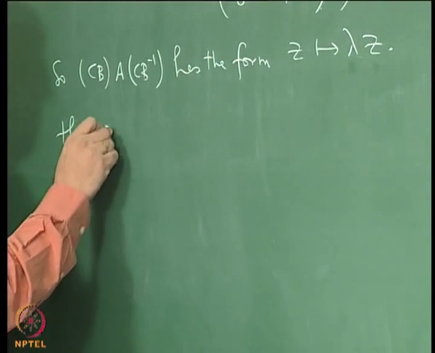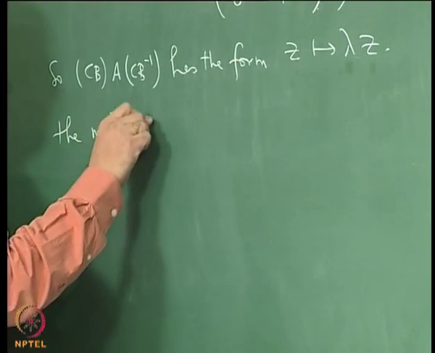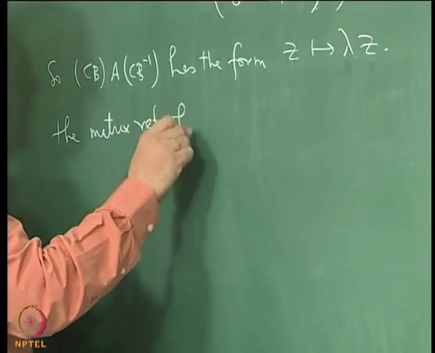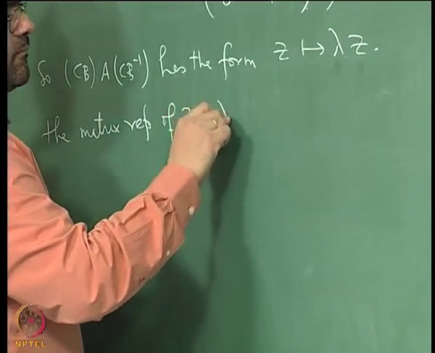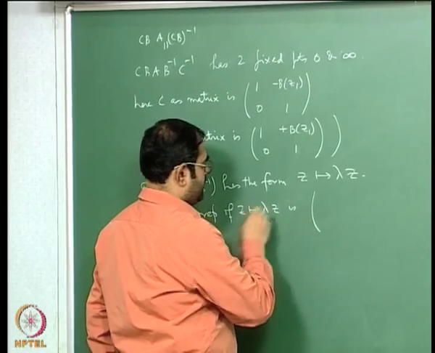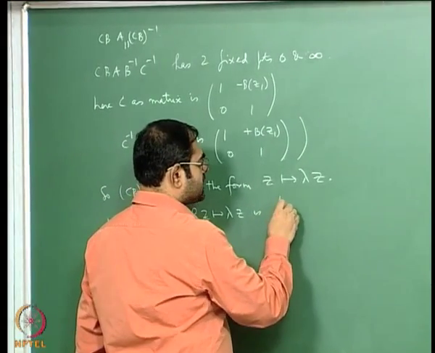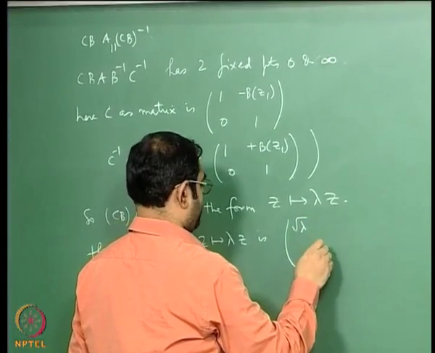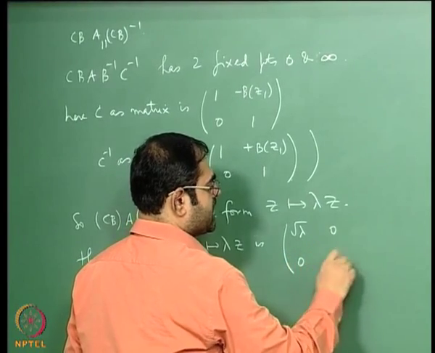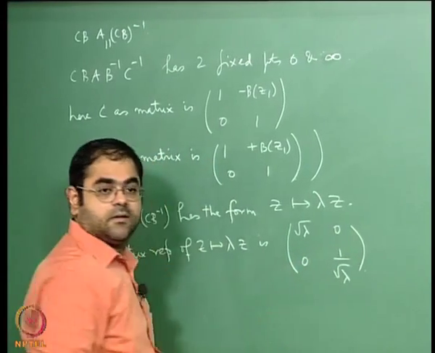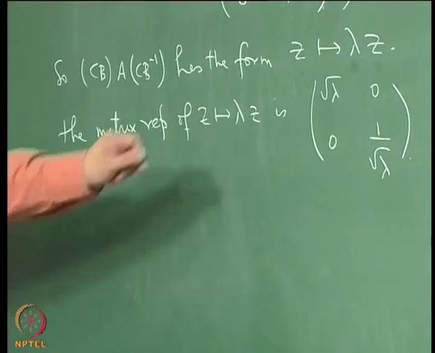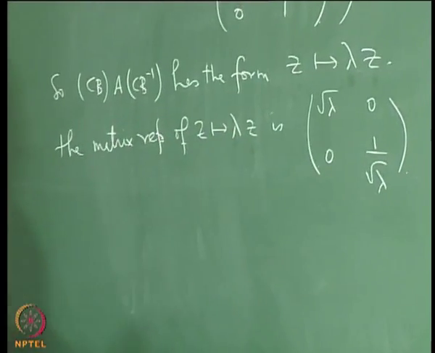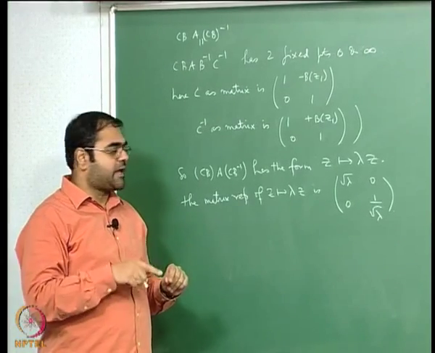The matrix representative of z going to lambda z will be square root lambda 0 0 1 by square root lambda. See, if I write lambda z just as a matrix, I will simply get lambda 0 0 1.